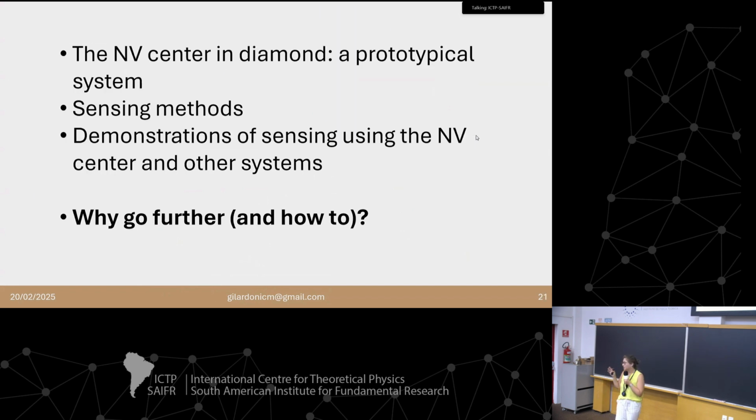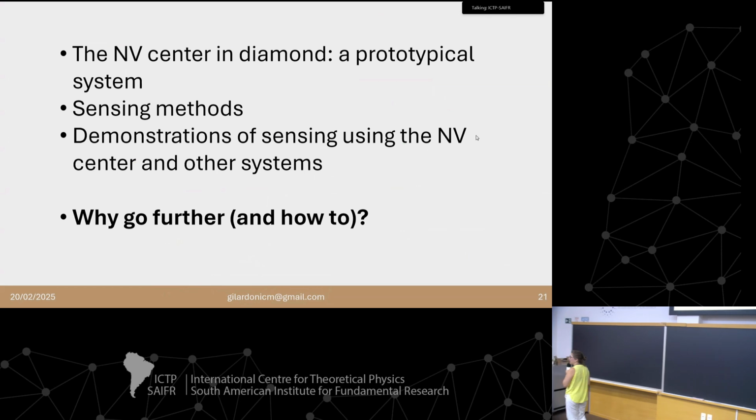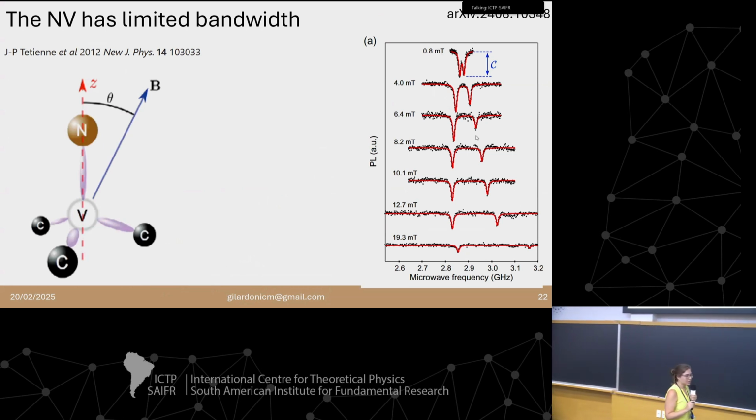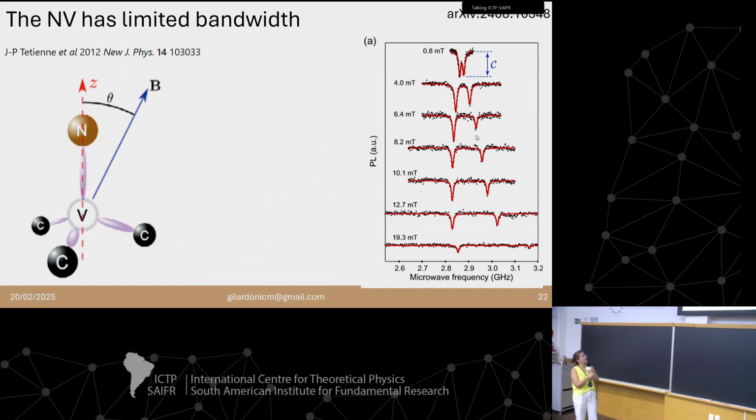So if it's so awesome, why would you need other things, right? Where are the limitations of these? One of the first limitations, especially for the study of solid state systems, is that these have limited bandwidth in the sense that they don't operate at arbitrary magnetic fields, right? Because of the intrinsic symmetry of the NVs, they have a high symmetry axis. And if you apply a magnetic field that is not aligned to this high symmetry axis, you kill the spin initialization process, and in that way you kill your readout, right?